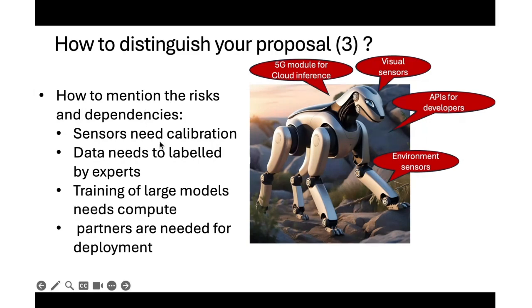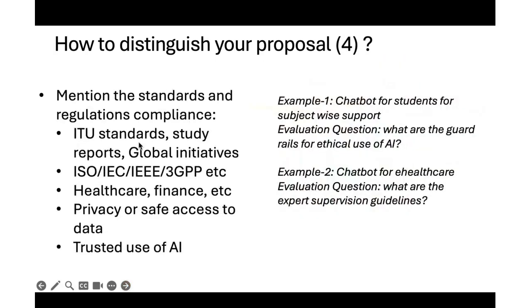So, mentioning this kind of risk and dependencies, for example, it has many sensors which need calibration, data which needs to be labeled, training of large language models, and the partners which need deployment. So this kind of mentioning of the risk and dependencies helps the judges to make sure that your proposal is mature and you have done your homework.